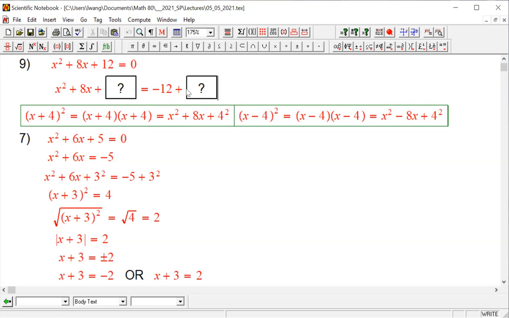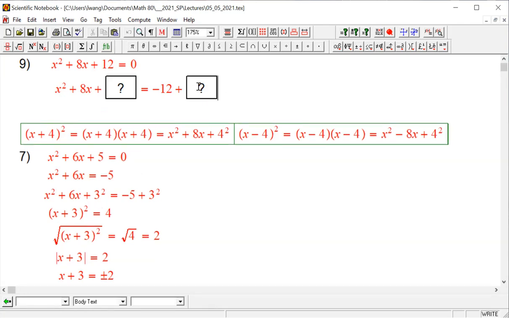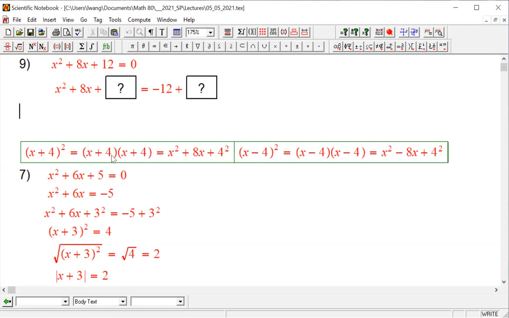What number shall we add? And what will be the consequence of adding those numbers? Adding 4?